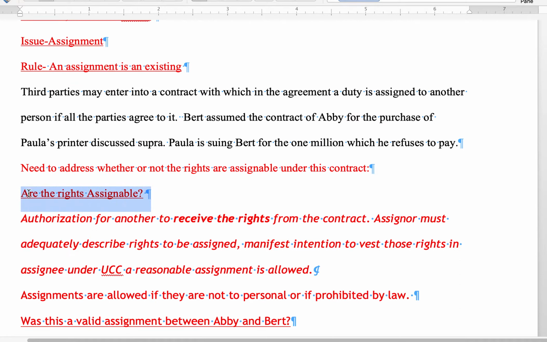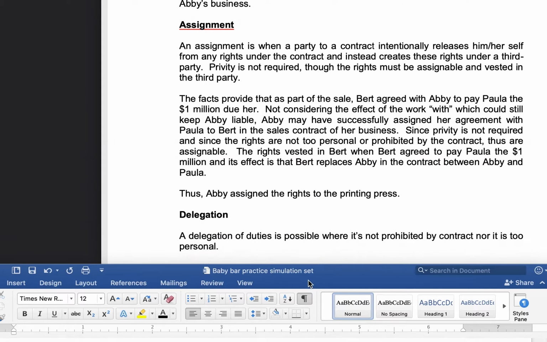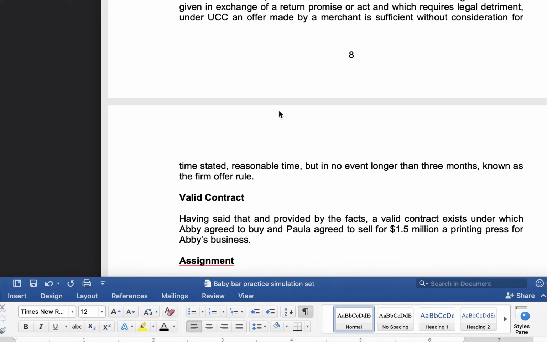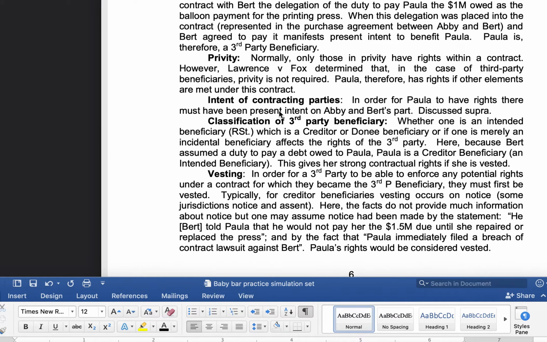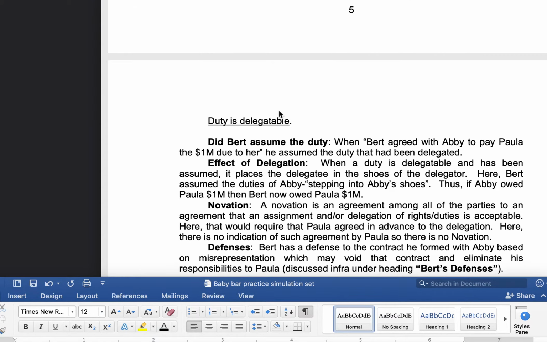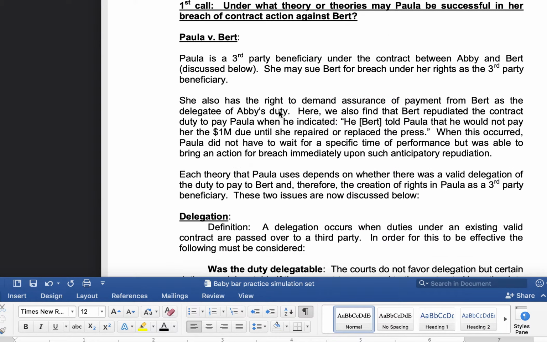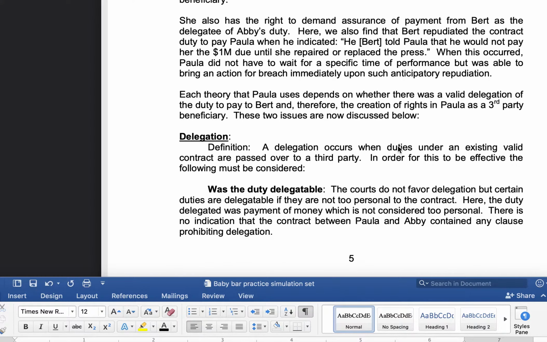I guess they could write a sentence here: are the rights assignable? Assignment, I think what this person did is write assignment. I like that. Now this other person wrote, are they assignable? And they didn't have to write that, I think. Or did they? Delegation. Was the duty delegatable?